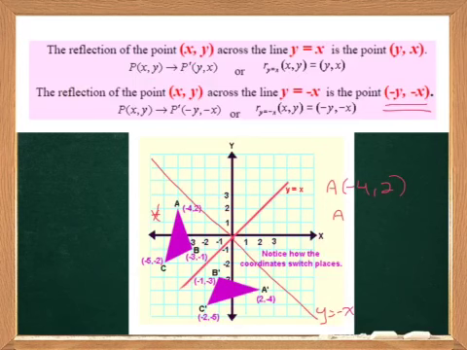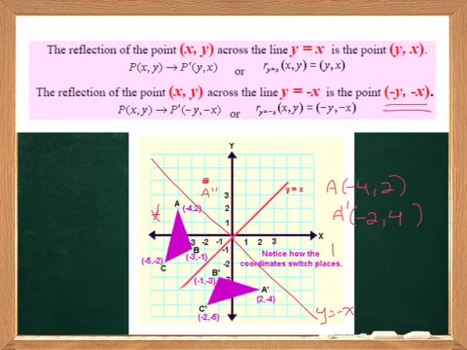When we switch them, we get (2, -4), but we're also going to negate them. So (-2, 4). And this would be our A double prime in this case, because we're doing a different figure.